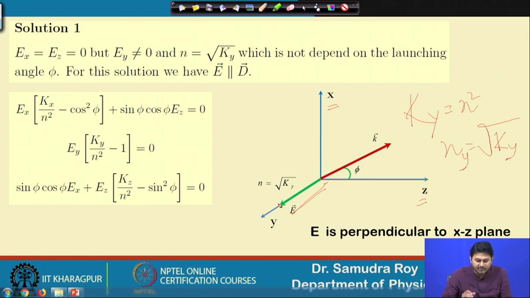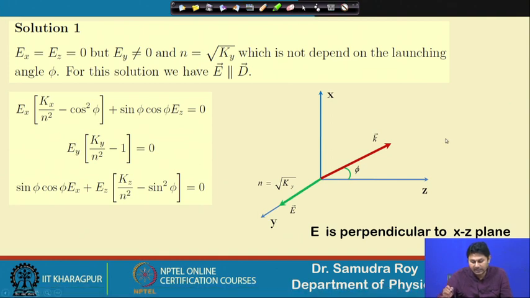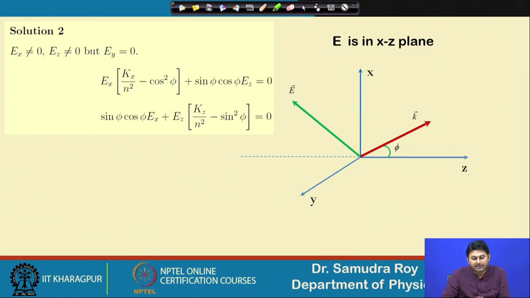This is what we have done so far, but the most interesting thing will come in the next class: what happens if there is no field here, and the electric field is along the x and y direction? Then we find that they are not following the same case.